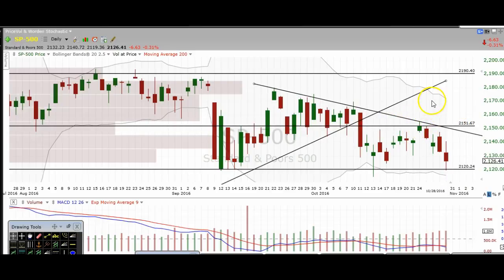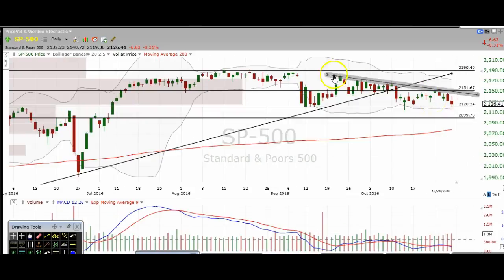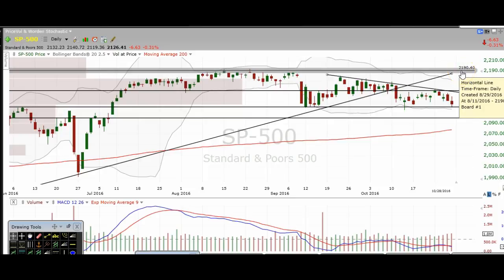I still think there's a lot of resistance up here at 2190, but you can at least play it from 2151 all the way up to 2190 or so. If we break 2151, we're definitely going to retest these highs near 2190. So just be aware of these two levels.